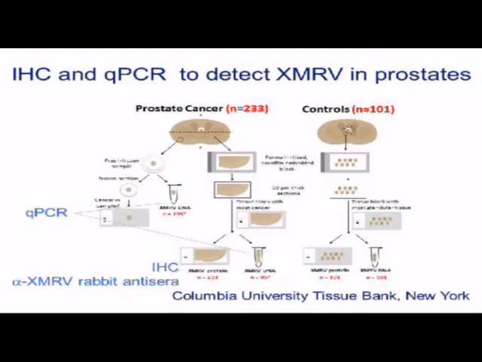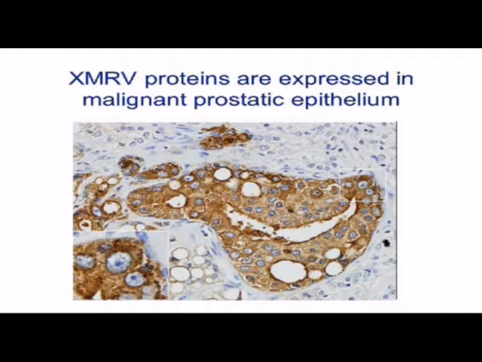And this is what the antisera shows you in the tumor. So remember I told you that the original papers showed that the virus was present in rare stromal cells, not in the malignant cells themselves. And here we used a specific antisera that we generated. You can see the virus in the malignant cells. So here's an acinus of the prostate, and each of these is a cell, and inside each cell you can see this purple nucleus.